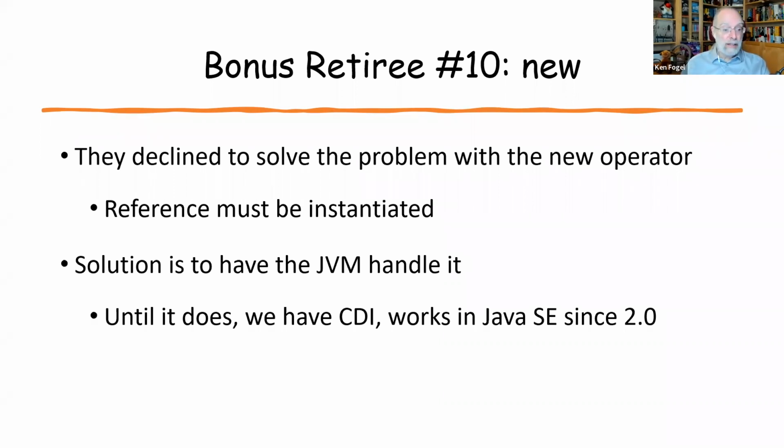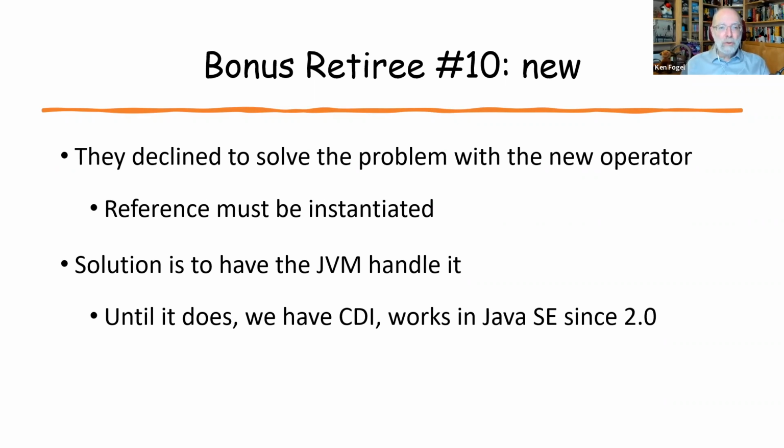Now, I can hear, and I've mentioned Brian before, I can hear him speaking in my ears, telling me every reason this can't work. And I don't disagree with him. But I have to tell you that when I encountered context dependency injection, CDI, that I first came across in web programming, I went, wait a minute, this makes so much more sense.